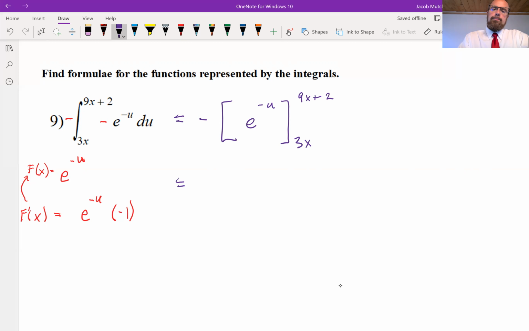So we're ready to substitute our limits of integration in. So negative e to the power of negative, our upper limit's 9x plus 2, minus e to the power of negative, lower limit 3x.